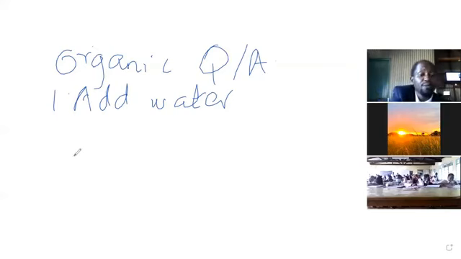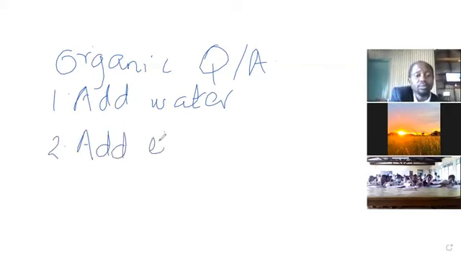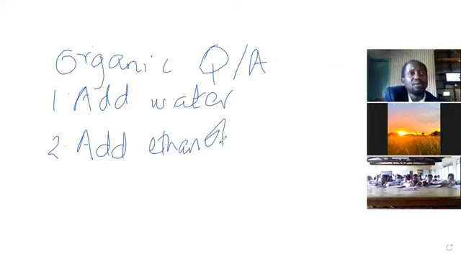Number two, addition of ethanol. The observations are similar to those of addition of water.